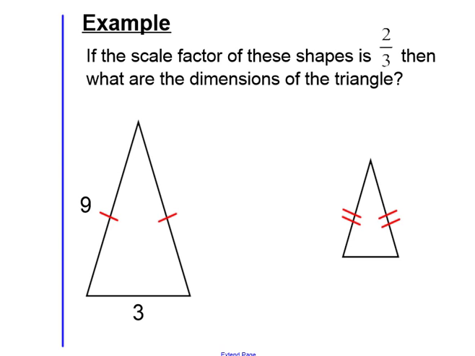On the next example, I want to use the scale factor to create the new sides of a triangle that is similar to the larger triangle. We're given a scale factor of 2/3. All I need to do is take that and multiply it to each of the sides of the larger triangle.